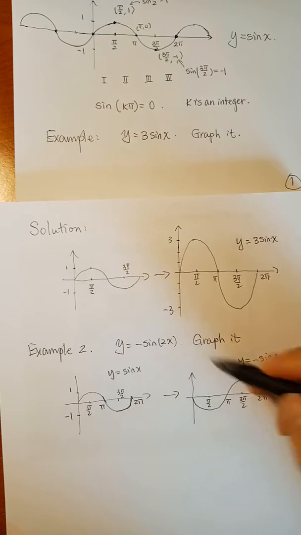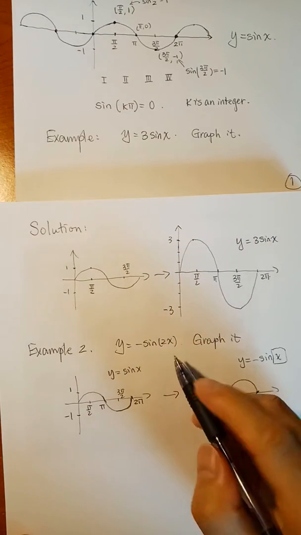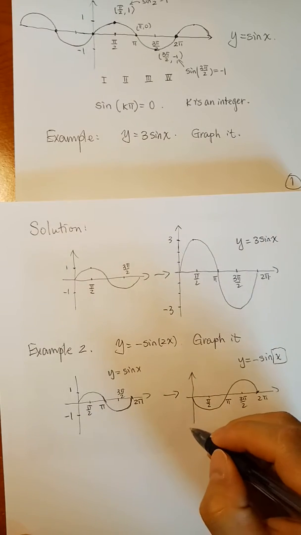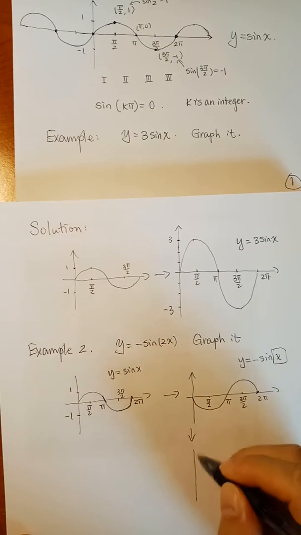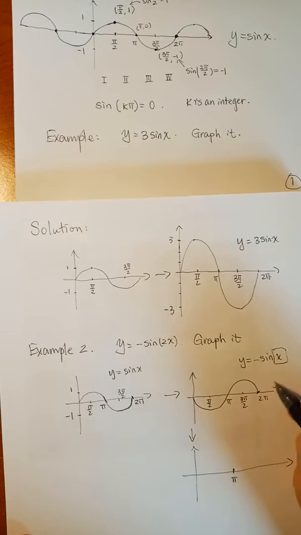It means when x is pi, you can reach 2 pi. I want this internal stuff equal to 2 pi, not just x. I want the sine of 2 pi. So when x is pi, you will get the sine of 2 pi. So you don't need x to be 2 pi. You only need x to be pi. You finish this one period.